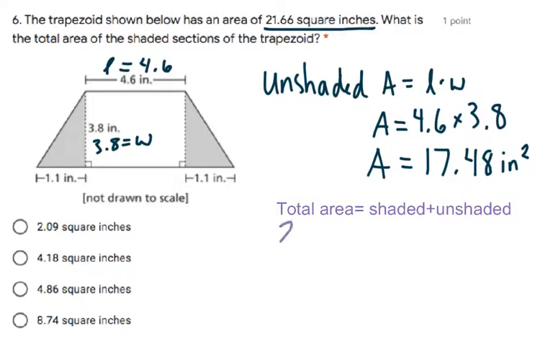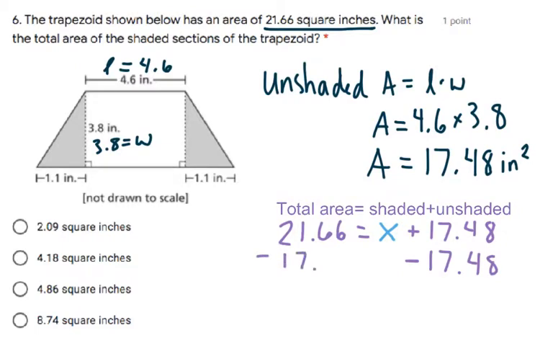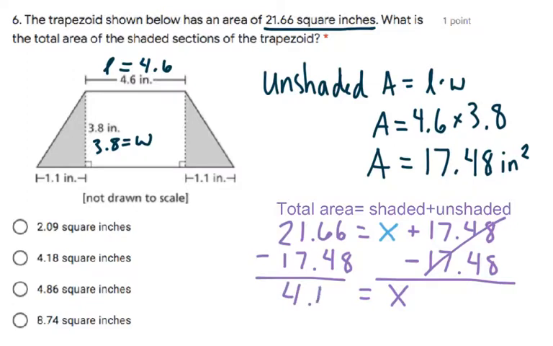I know that the total is 21 and 66/100ths. So I'm going to add the units in later. And that will equal shaded, which I don't know yet, plus unshaded, 17 and 48/100ths. And let's treat this like an algebra equation. I'm going to subtract 17 and 48/100ths from both sides. Okay, that cancels out. X equals 4 and 18/100 square inches, and I can just select that as my answer.